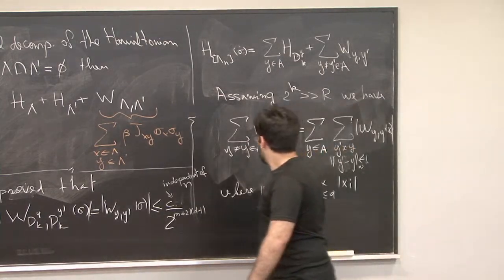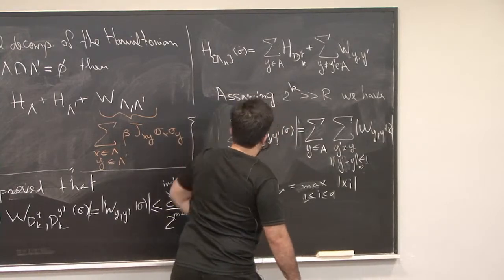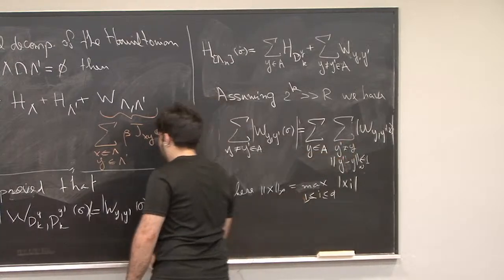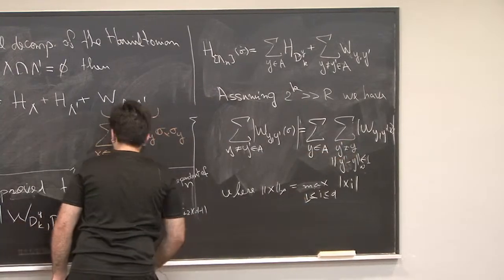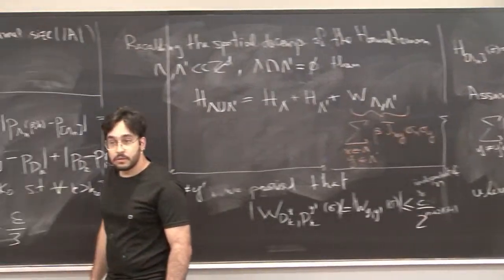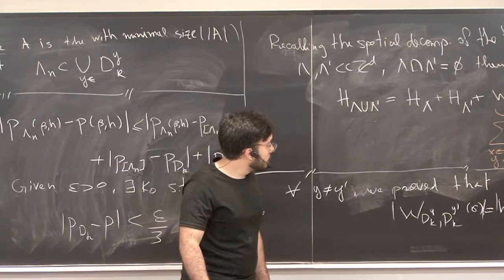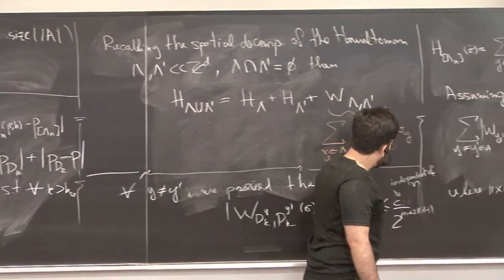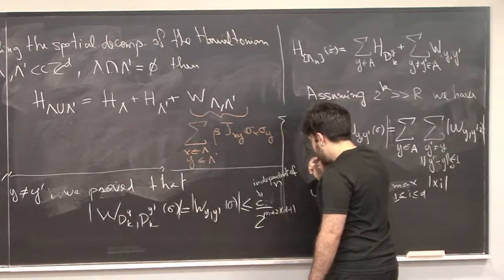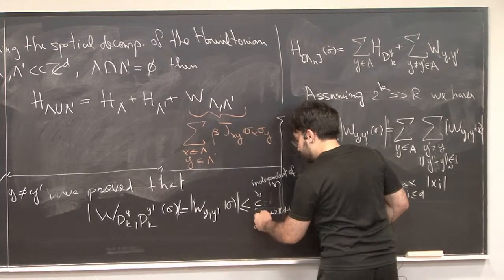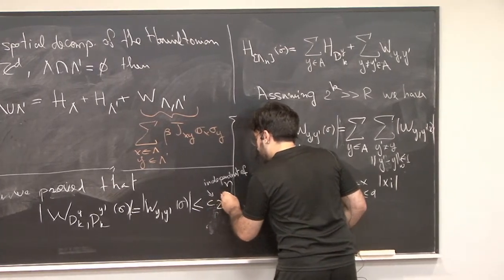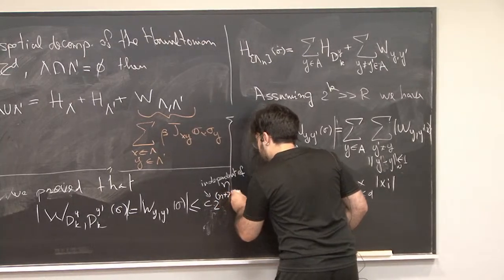If I take the absolute value here, and I already have this upper bound right here, it's in the numerator, like this, right? d minus 1.